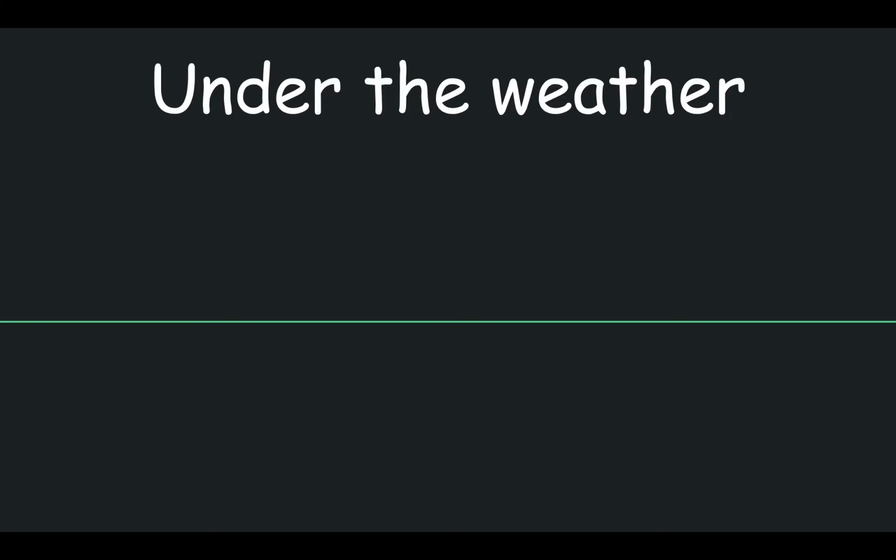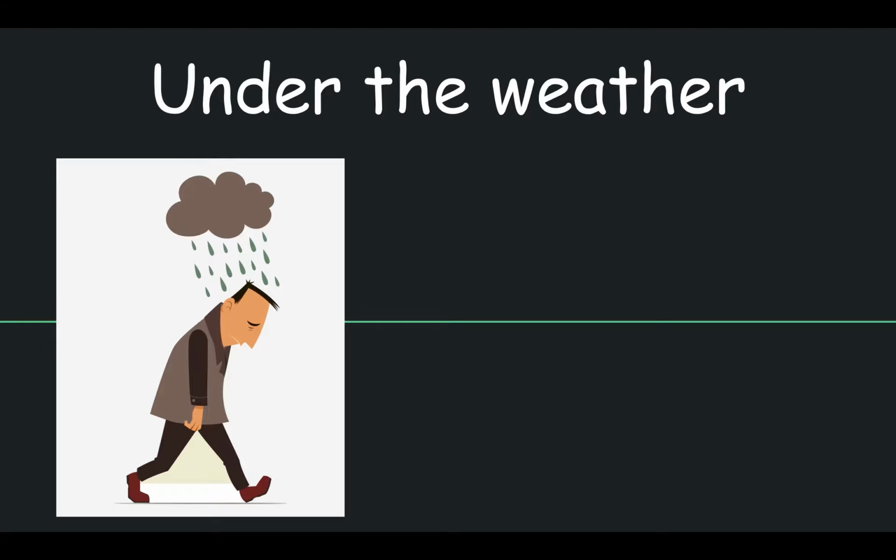If we interpret under the weather literally, word for word, it actually means something like this: this is the weather, it's raining, and there's a guy here under the rain.